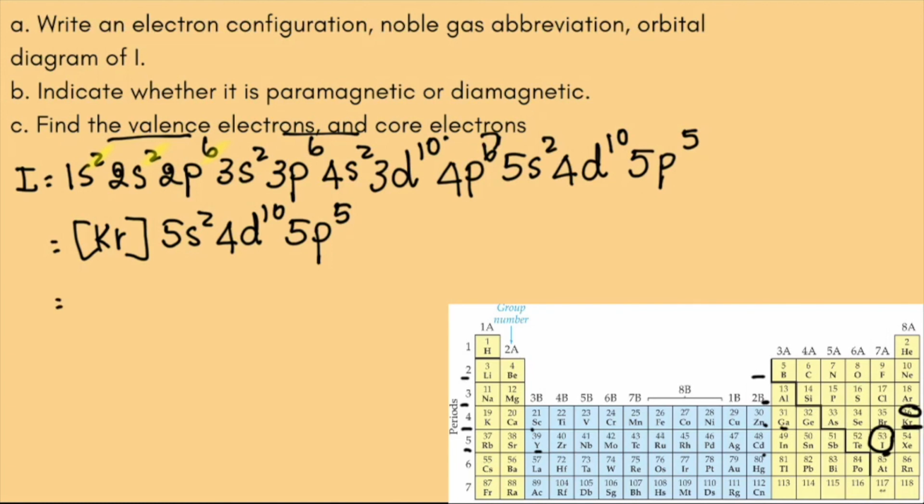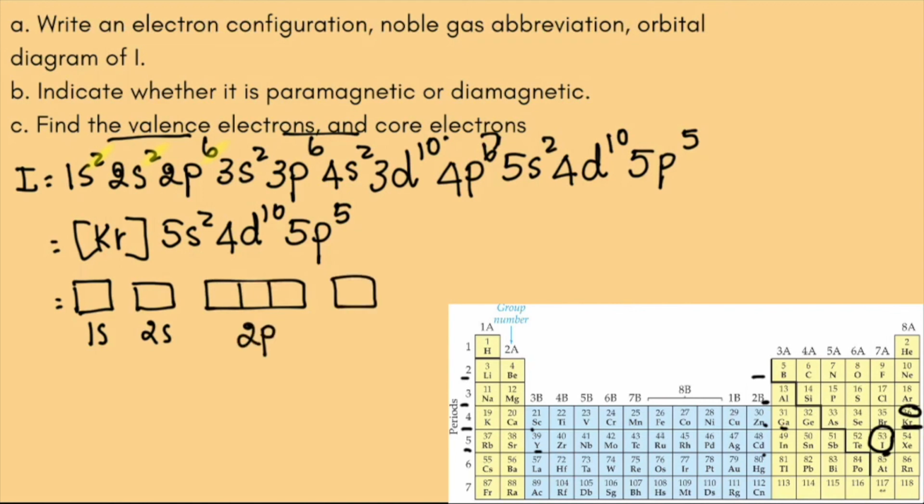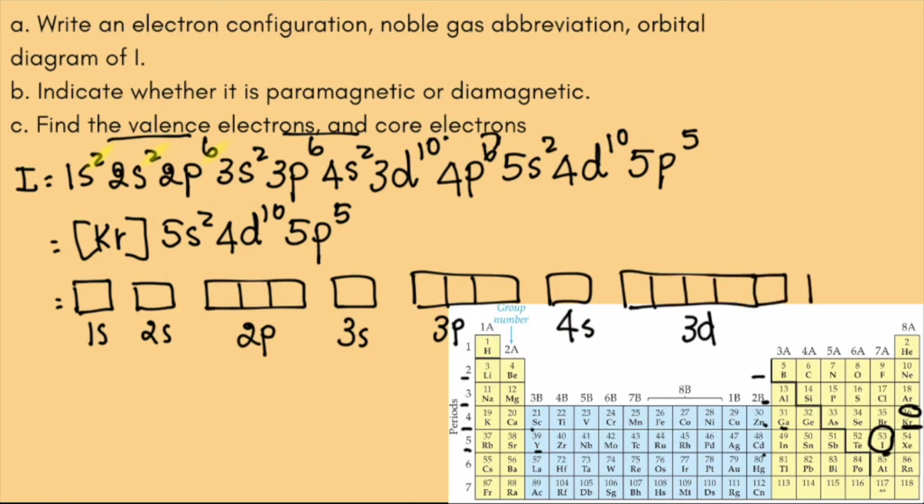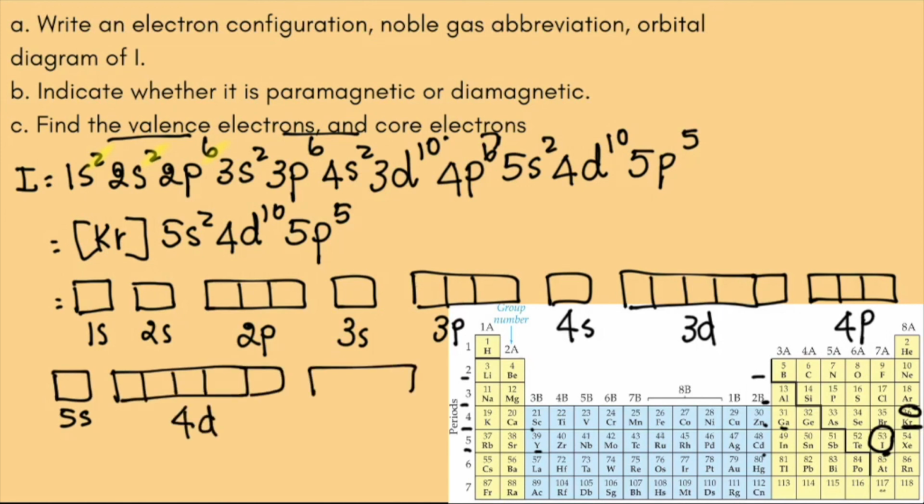And then the orbital diagram. Remember, s has only one orbital, so it has one box. So 1s, 2s, 2p, 3s, 3p, 4s, 3d, 4p, and then 5s, 4d, 5p.